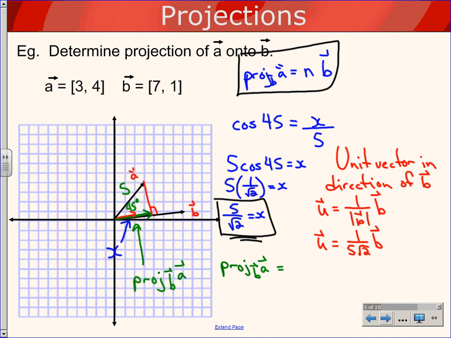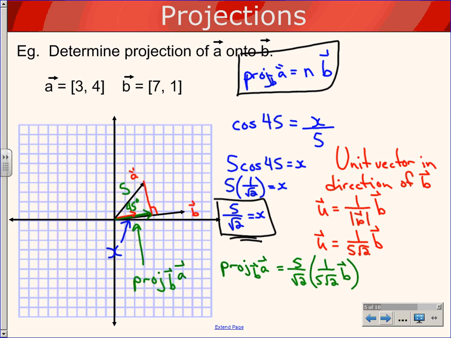That'll scale it up, right? If the unit vector has a magnitude of 1, then if I multiply it by 5 over root 2, it will then have the magnitude of 5 over root 2, which is what I want. So 5 over root 2 times our unit vector, which looks like that.